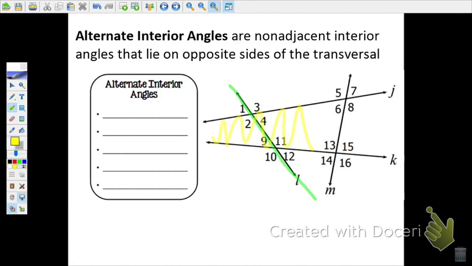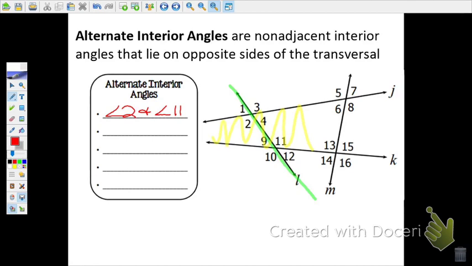So I know one of my interior angles is angle 2. Which angle is an alternate interior angle to angle 2? Aiden? Not 12. 12's not right. Angle 11. Interior, opposite side of the transversal.